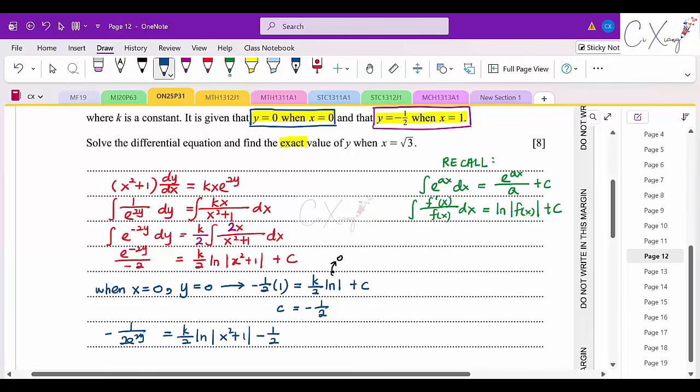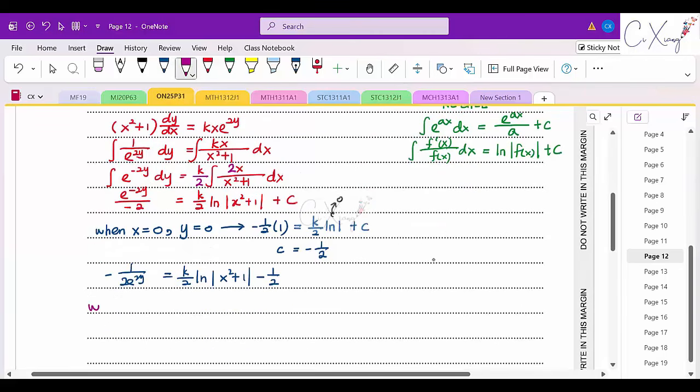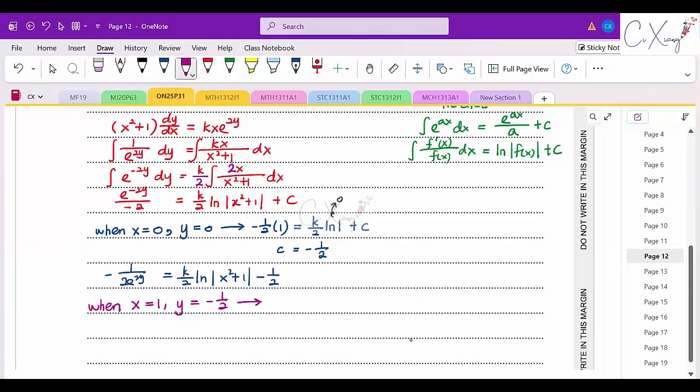Then let's continue further. I want to use this value now: x equals 1, y equals negative half. So when x equals 1 and y equals negative half, what will happen to your latest solution? Let us substitute the values. We'll have negative 1 over 2 e power... sorry, is it 2e power 1?